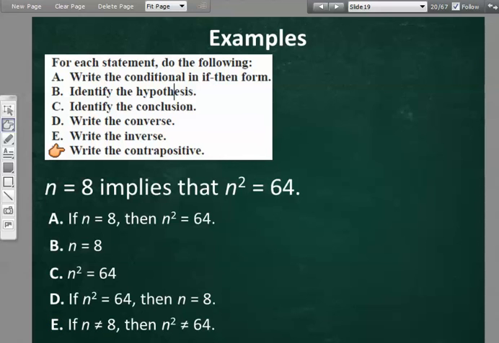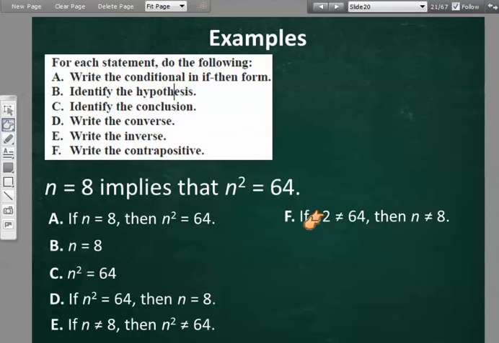F says, okay, you're going to take your conditional statement and you're going to use the converse. And after you do the converse, you're going to negate it. Okay, so I'm going to flip the hypothesis and conclusion, and then I'm going to negate. So this is what F looks like.